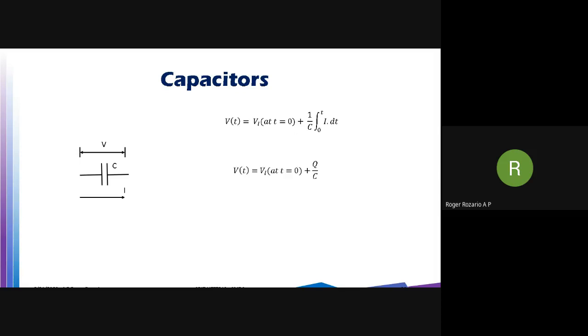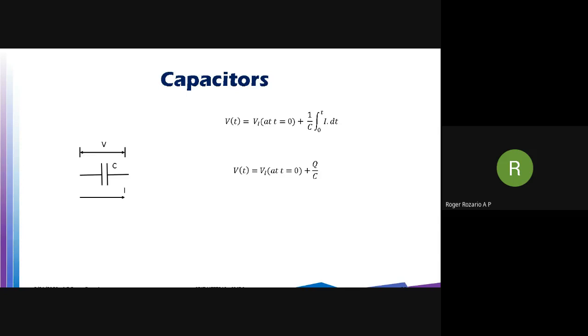Now, I am taking the integral form equation of the capacitor: v of t equal to V1 plus 1 by C integral of 0 to t i dt. What is this integral of 0 to t i dt? It is the charge supplied at any time, the amount of charge supplied to the capacitor. i dt is nothing but the ampere second.